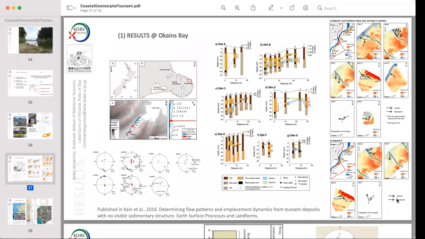So for Indonesia, for instance, you have a lot of tsunami and tsunami deposits that are located in many different places. And one way of looking at your tsunami deposit to understand what was the process at play is to go back, take cores, and look at the orientation and the tilting of your tsunami deposit.